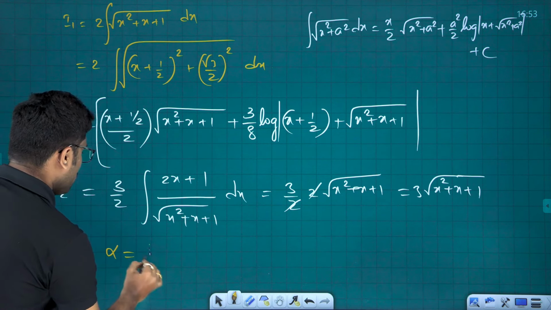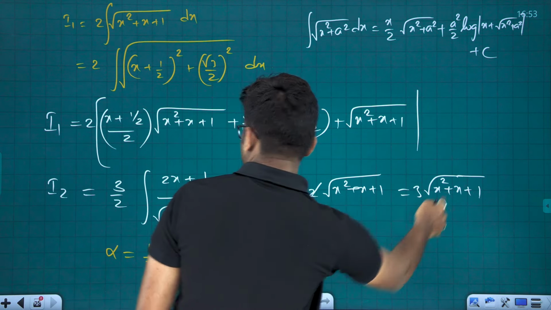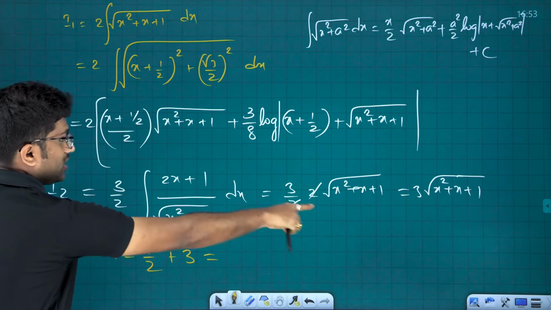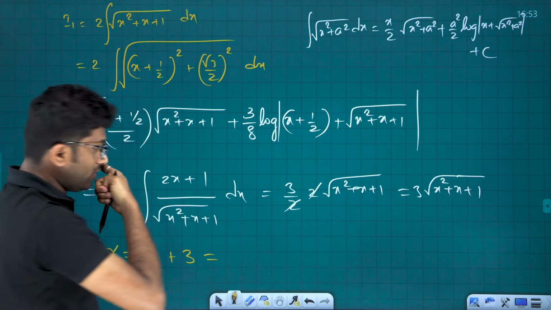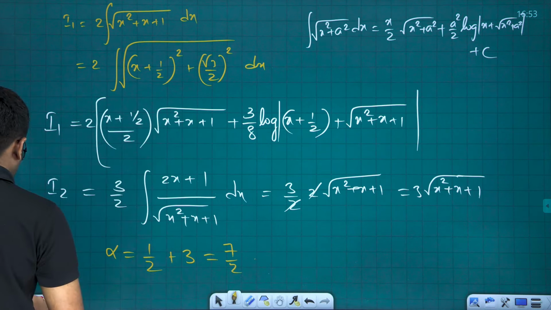Alpha is equals to 1 by 2 plus 3. Only in these two we have root over x square plus x plus 1. So alpha is equals to 7 by 2. We have got the alpha value.